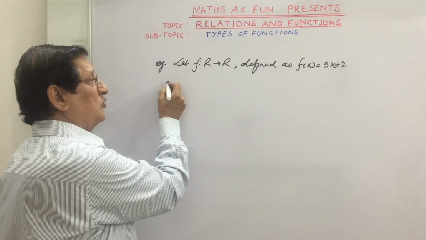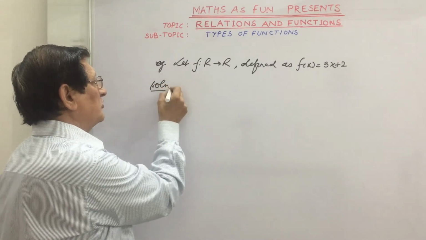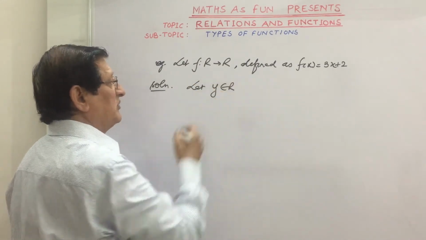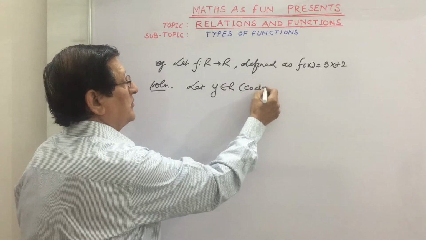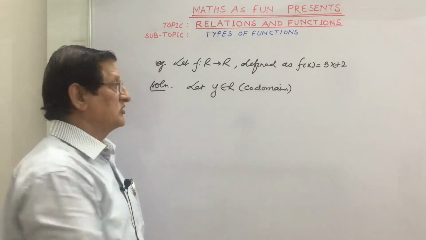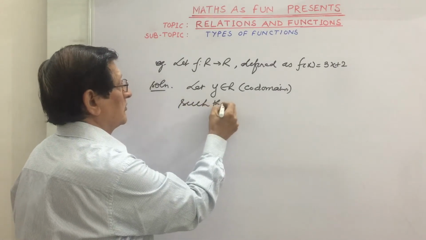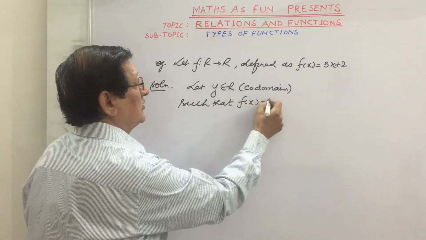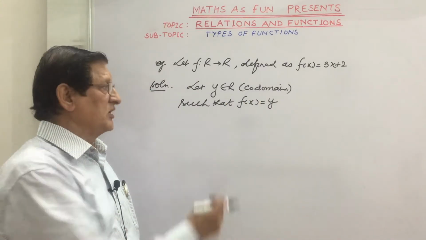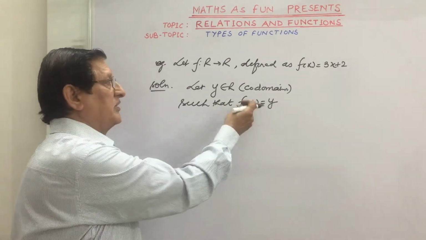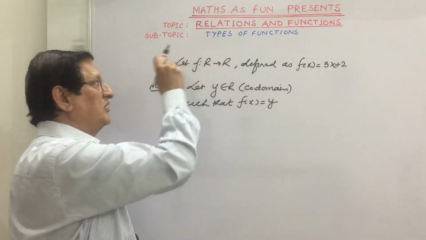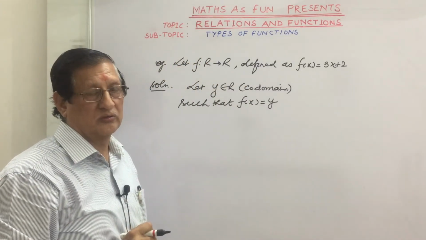For the solution of this, let y belong to R, which means we are taking one element y in the codomain R such that f(x) = y. We think that there is some element x whose image is y. Now we have to find out whether that x is lying in the domain or not.